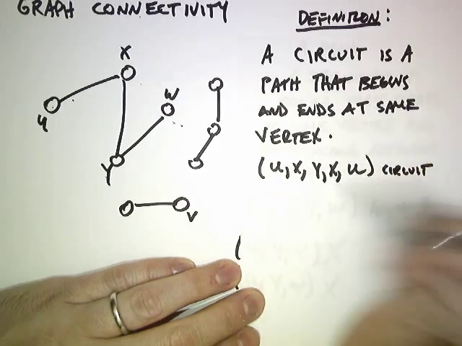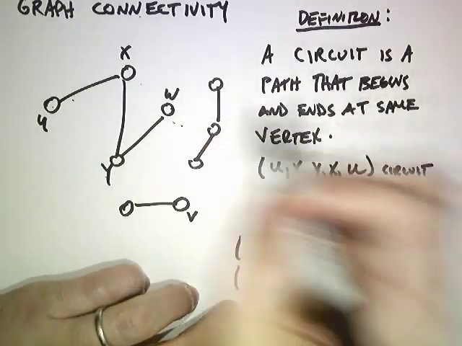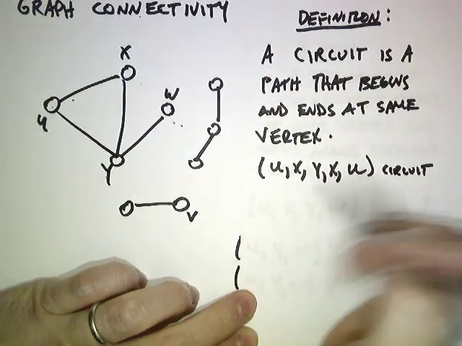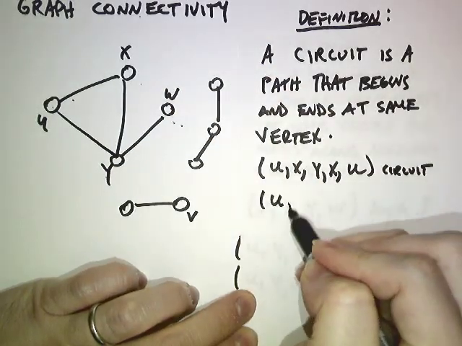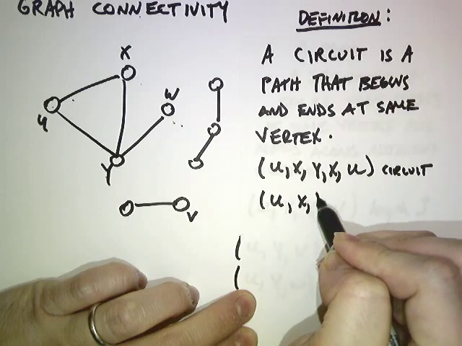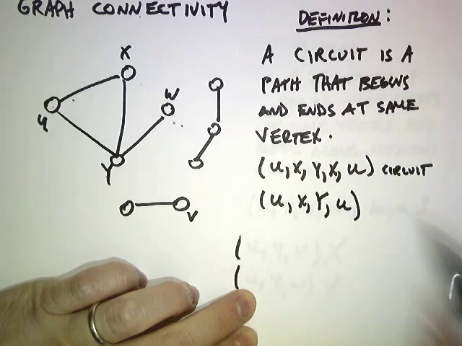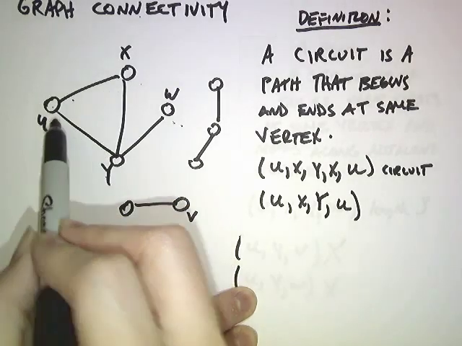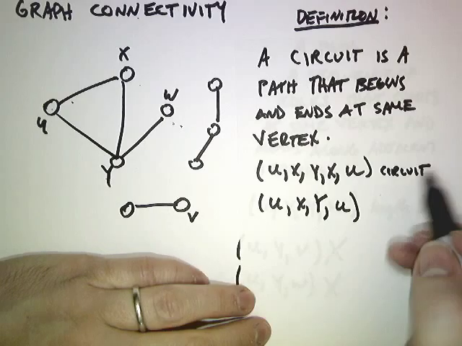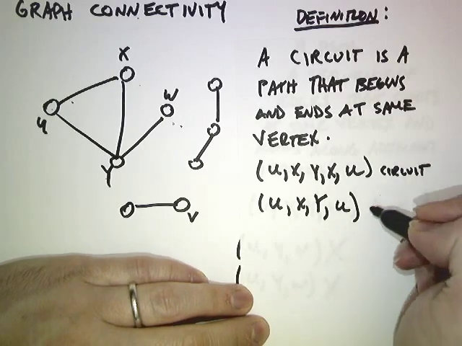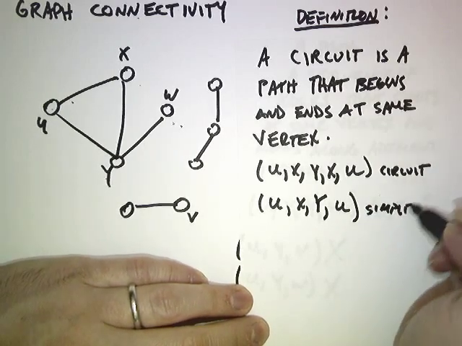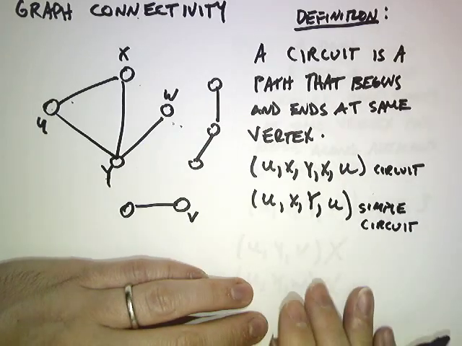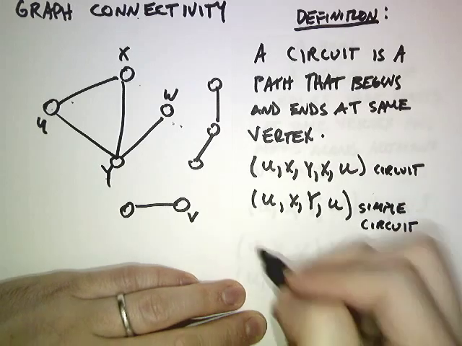And for example, if I added an edge here, then another circuit would be U, X, Y, U. Okay, so U to X to Y to U. And this circuit, the second one here, is a simple circuit because it doesn't repeat any edges.